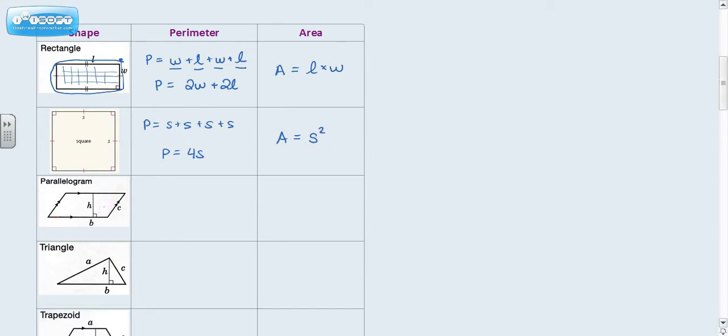Now a parallelogram. If I look at the perimeter, say I start over here, I go 1 B length, 1 C length, another B length, and another C length. So my perimeter is 2 B's plus 2 C's.